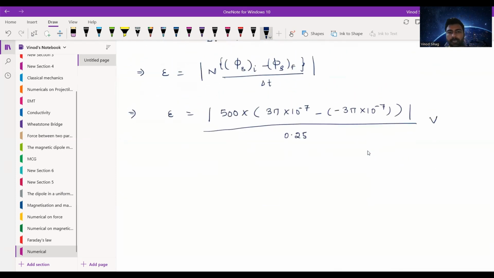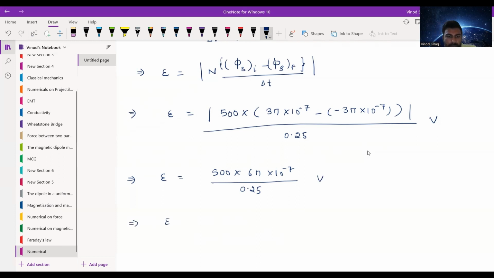Then if we finally calculate, we get E equals 500 into this, minus into minus will be plus, so we get 6 pi into 10 raised to the power minus 7, divided by 0.25 volts.